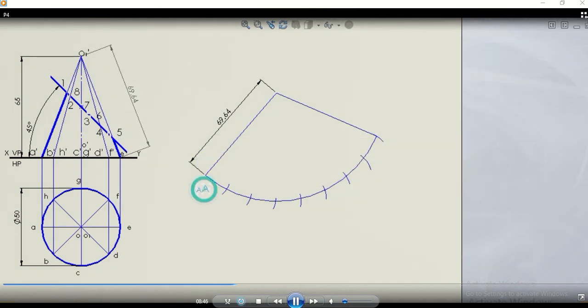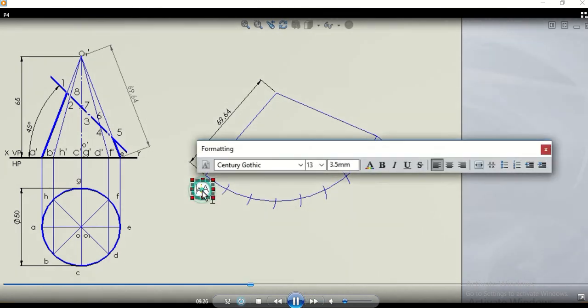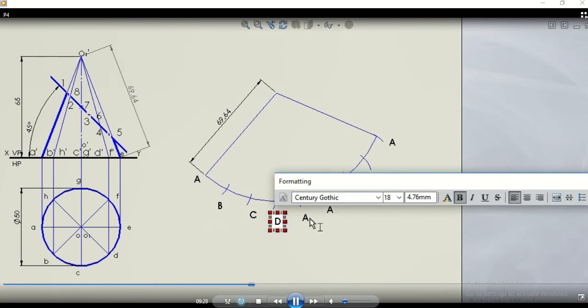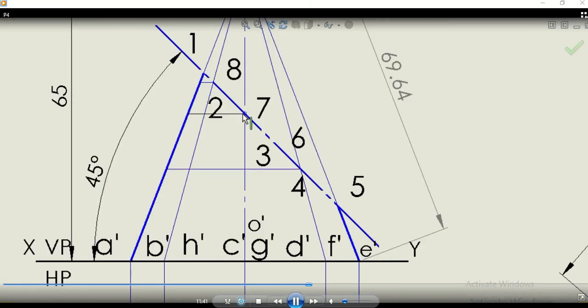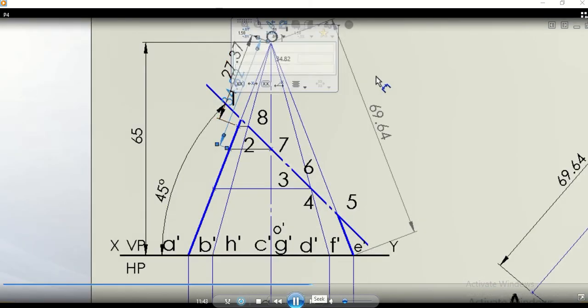And we can name it as A, B, C. Once again here also you need to extend all these points to the true length. This is a true length. Either you can take the left side or the right side, whichever you want.